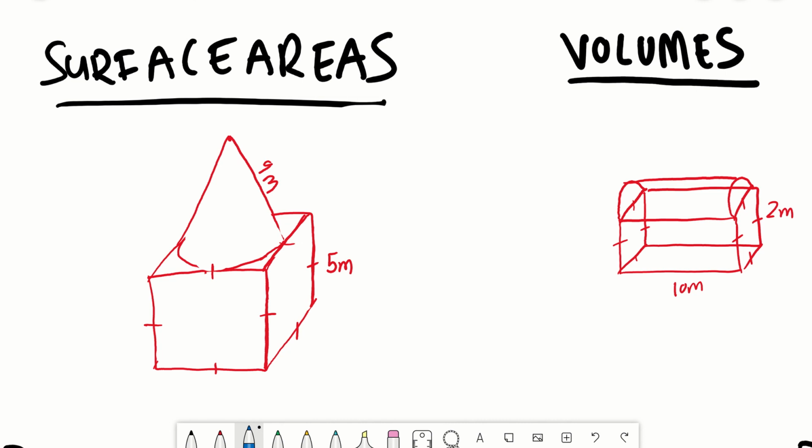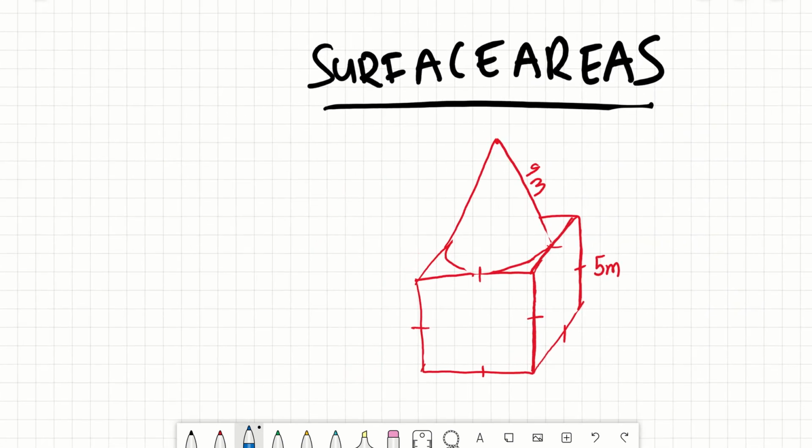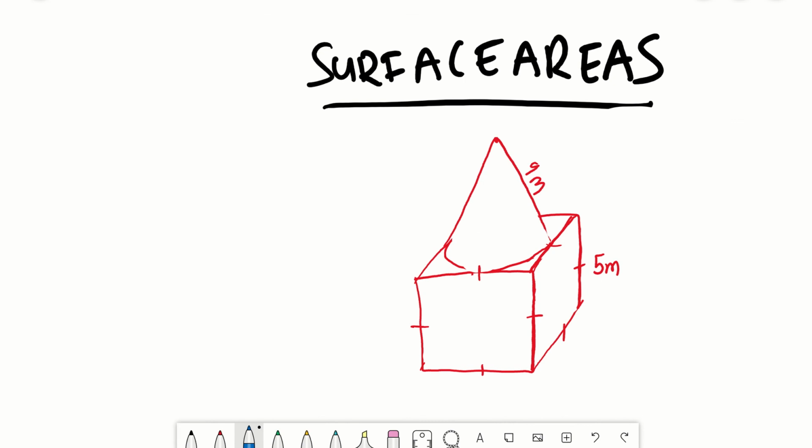So as surface area, I always tell you that we want to map out all the areas we're going to find. We've got a cube here with a cone on top of it. We're going to paint this, let's say, another piece of playground equipment that Miss Murray has created. So if I'm going to paint this, let's think, I've got a cube.